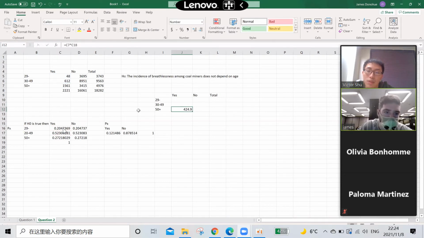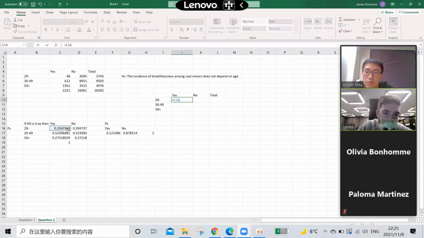In this unit, what you're gonna put is the probability that you are under 29 years old and also have the problem of breathlessness. So is it this number times this number? Yes. So over here, if I went like this times this calculation, oh, that's 0.